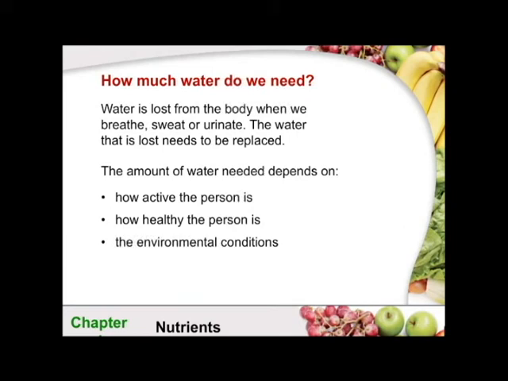Then of course, how much water do we need? It's basically the same idea as how much water you are losing. In our body, we need water, but usually the rule of thumb is maybe 8 glasses of water per day, but you ask yourself, do you lose 8 glasses of water per day?